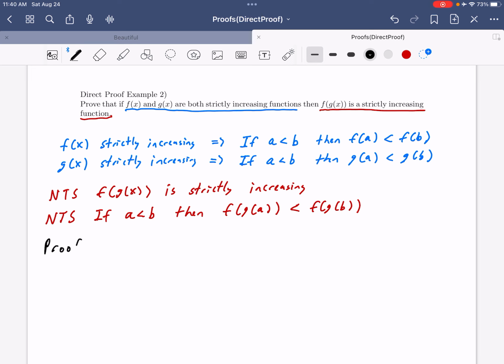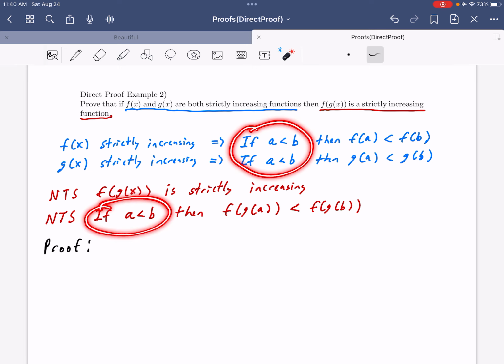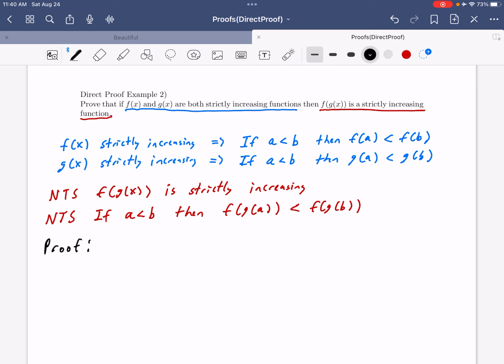So proof. Okay, well, because the definitions all focus on if A is less than B, we're going to start by assuming that A is less than B, because everything we care about is only applicable if A is less than B. So even basically our first step of our proof is to add an additional assumption, and normally that's a dangerous thing to do when you start adding extra assumptions, but in this case all the definitions we're trying to use apply or are only important to us when that assumption is true.